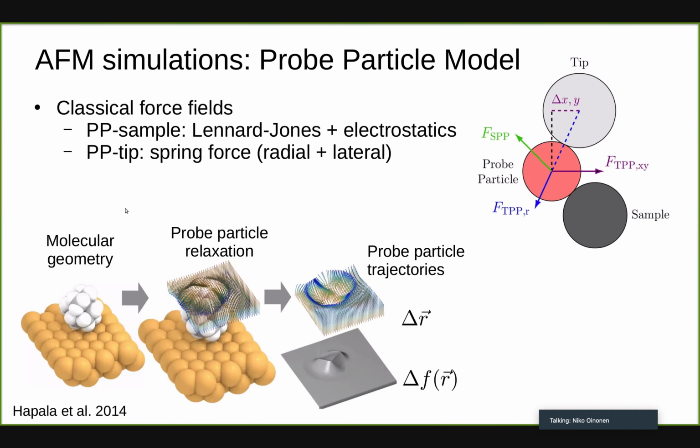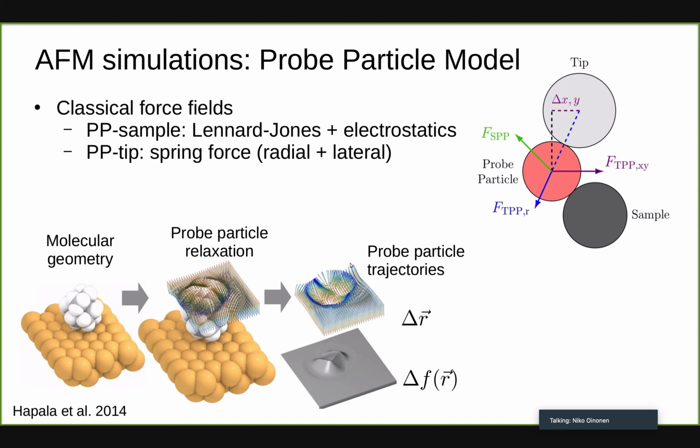So the idea here is that you've got your molecular geometry that you're simulating, then you scan over the geometry, and at each position you start at some distance, and then you approach the molecular geometry, and you let the particle relax around the sample as you approach.